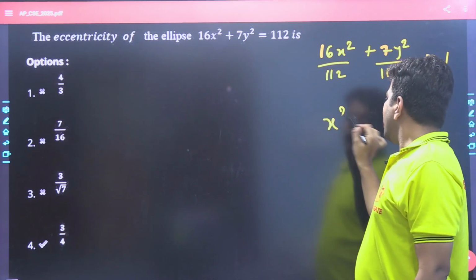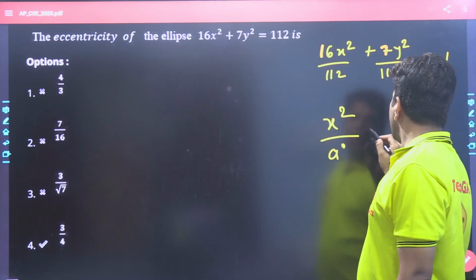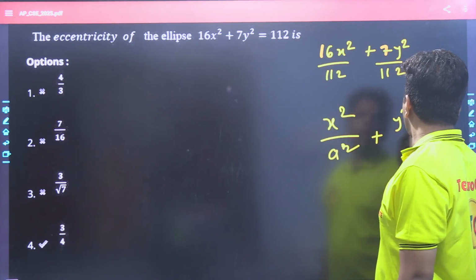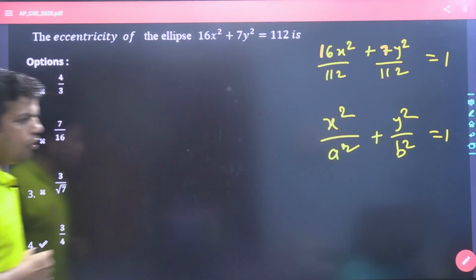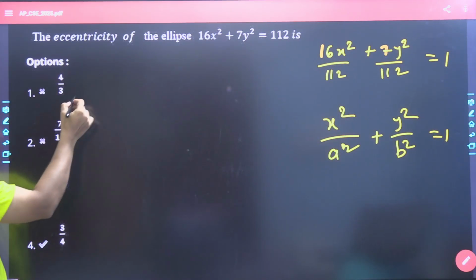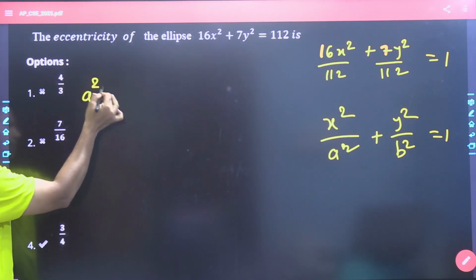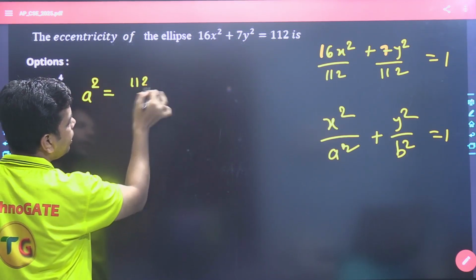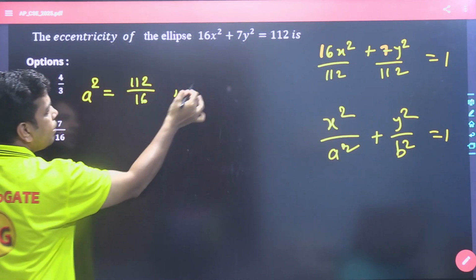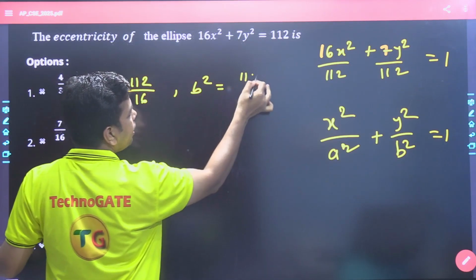Now the standard equation is x square by a square plus y square by b square equals 1. So with the help of that, what would be the value of a square? It's simply 112 by 16. The value of b square is 112 by 7.